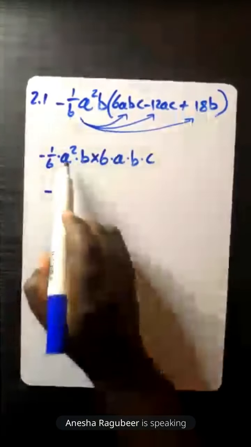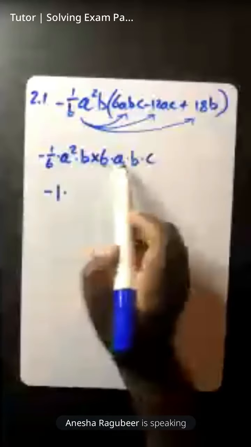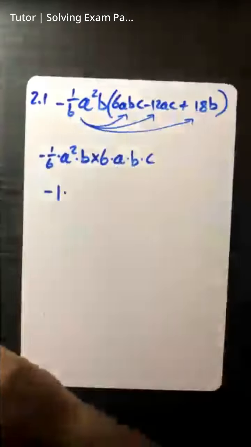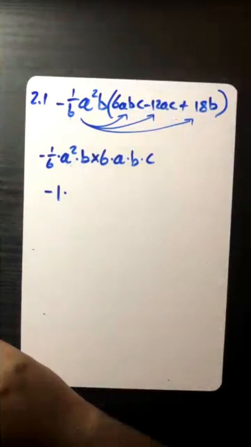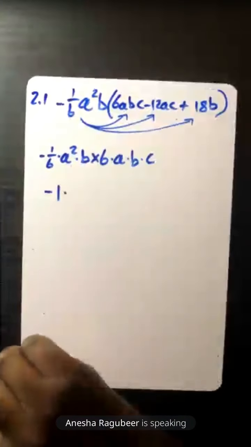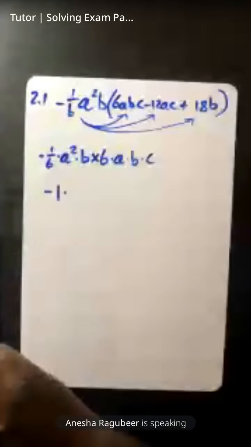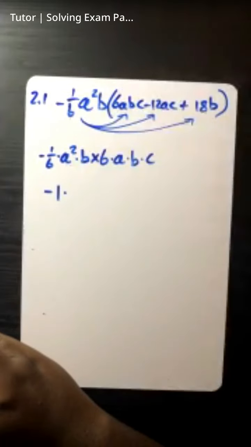Then you move to that one. What is a squared multiplied by that a there? It will give me a to the power of 3. Shreyas, using that rule, are you able to explain to me how you are getting a to the exponent 3? Yes, sir.